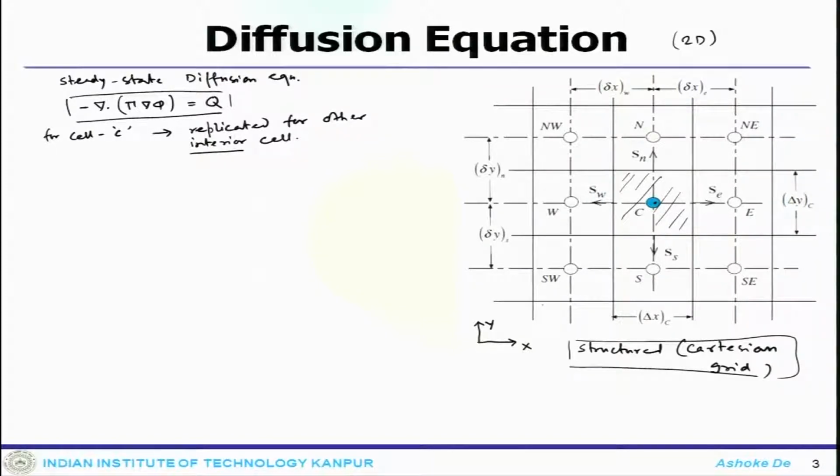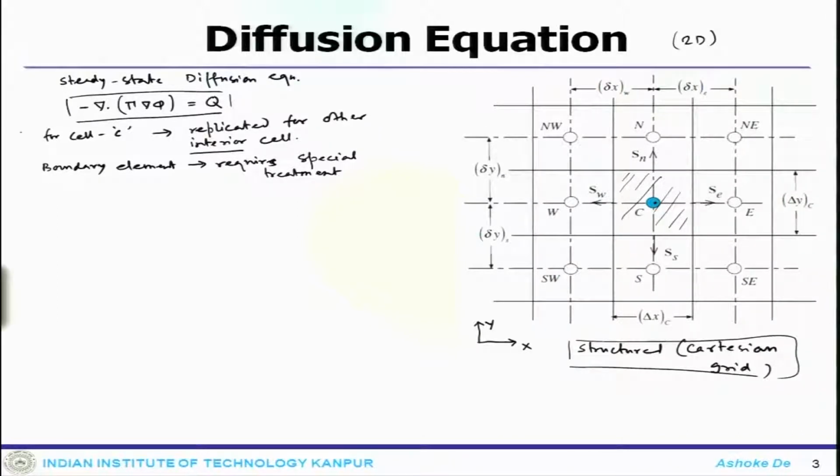When you come down to the boundary, the boundary cell or boundary element requires special treatment. So, that means when you have a domain, whether it is 2D or 3D, the domain must be divided in two segments.